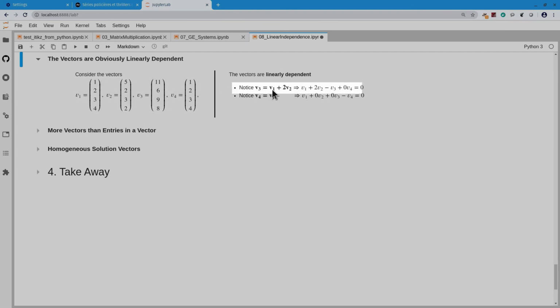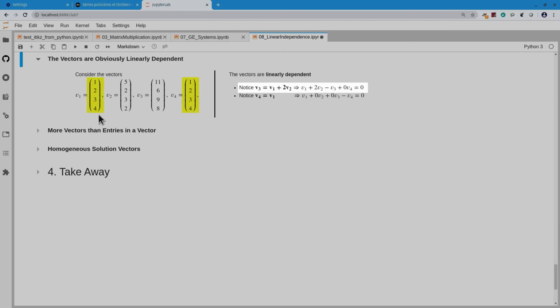So I have a linear relationship between the vectors. I can write v3 as the linear combination v1 plus 2v2. And pulling everything to the same side, I see that v1 plus 2v2 minus v3 plus 0v4 is equal to 0. I have a non-zero solution to my linear combination of vectors set equal to 0.